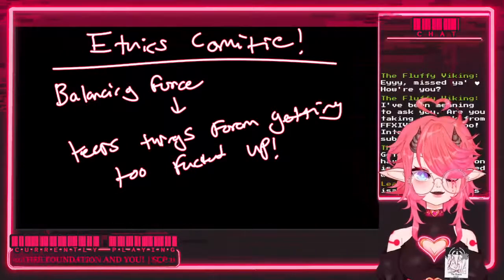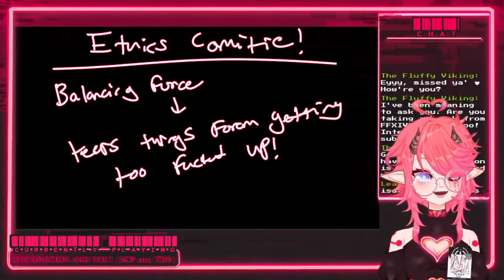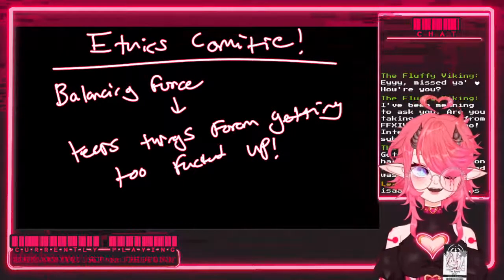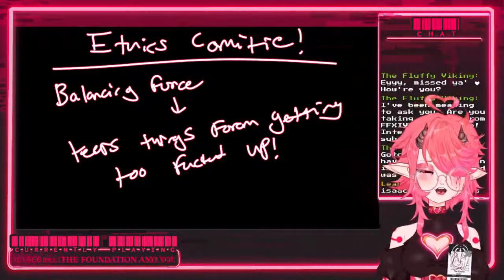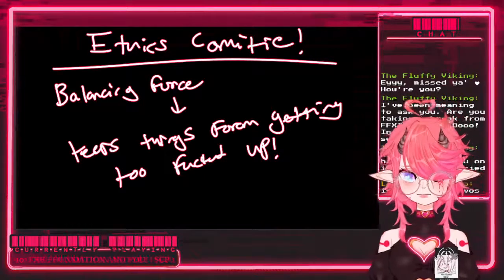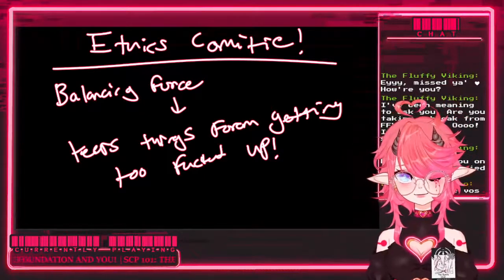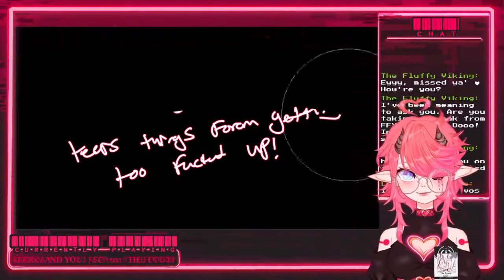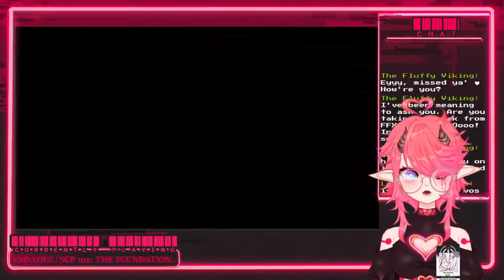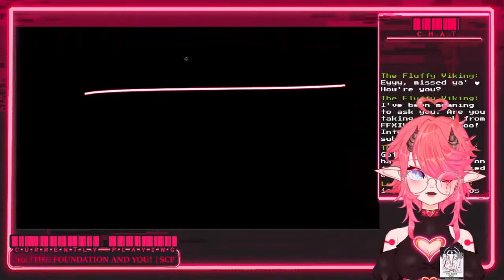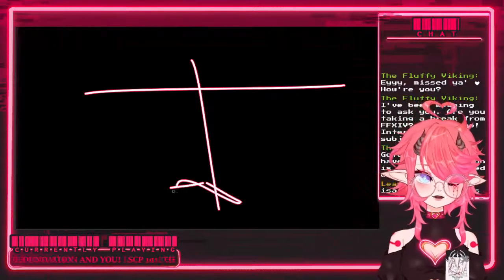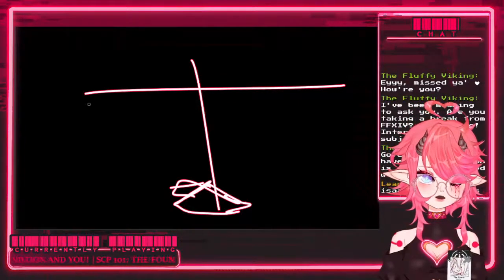They have a lot of sway in the SCP universe itself, so they are a very dedicated bunch. Now, with these two, they kind of act as a balancing force. So let's draw a little scale here.